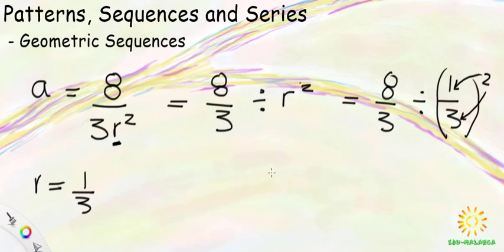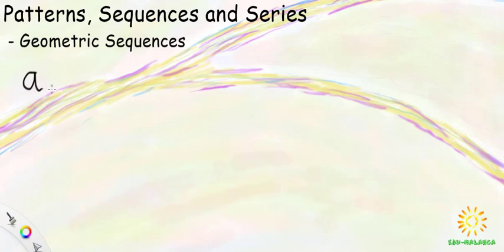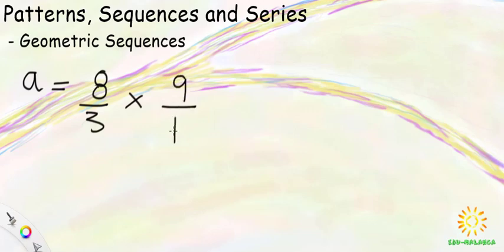So what we're going to have is a is equal to 8 over 3 divided by 1 squared is just 1 and 3 squared, that's 9. Again, when we have division, we simply swap the numerator and the denominator and we change the sign to a multiplication and then solve. So a is going to equal 8 over 3 times 9 over 1.